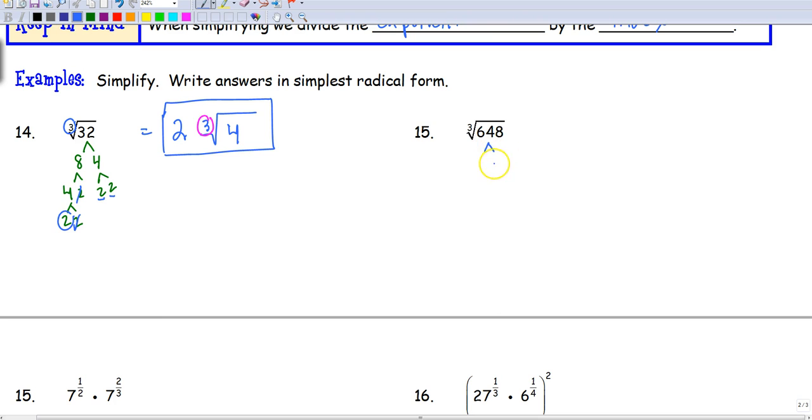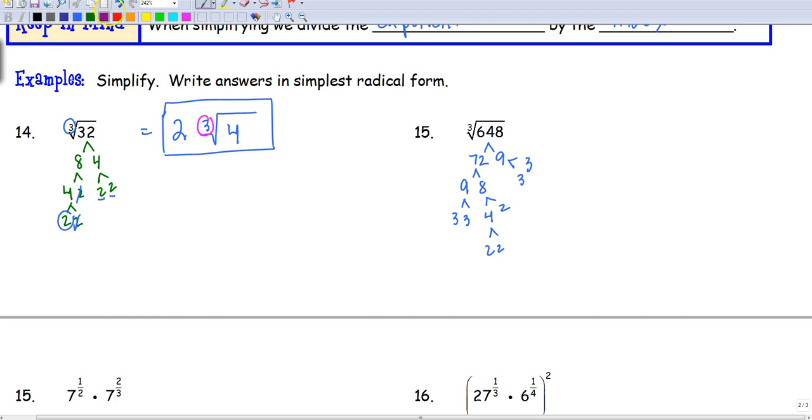648. All right, just for time's sake, I'm going to tell you some numbers that this multiplies to, but you can choose whichever numbers you want. 648 is 72 times 9, if you didn't know that. 72 is 9 times 8. 3 and 3. 4 and 2. 2 and 2. 3 and 3.